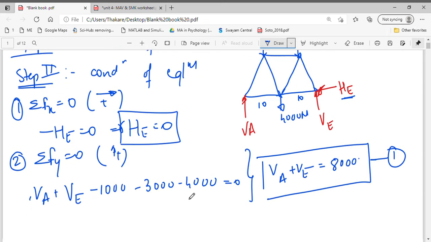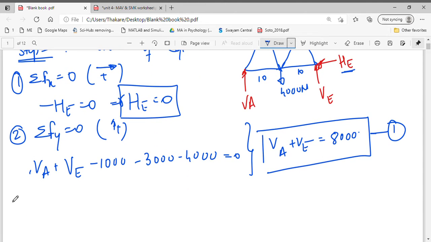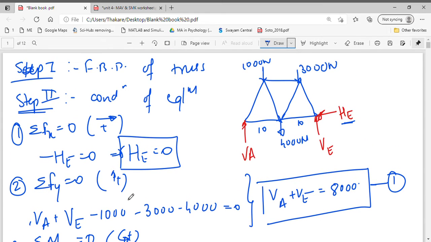We have one last equation, that is taking summation of moments about any point equal to 0, considering anti-clockwise moments to be positive. The moment about any point on this entire truss should be equal to 0.